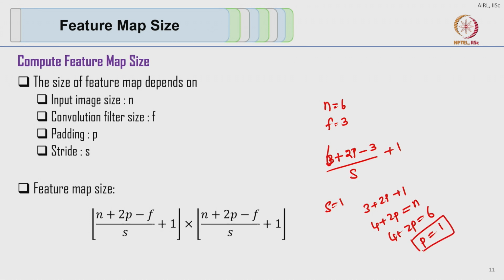So you can decide based on the input image, the filter size, whether it is a high resolution image, and what you want the stride to be. With that you can find out what the padding should be, so that the resultant feature space activation map is extracting the local feature with the same precision. Spatial precision you can retain.